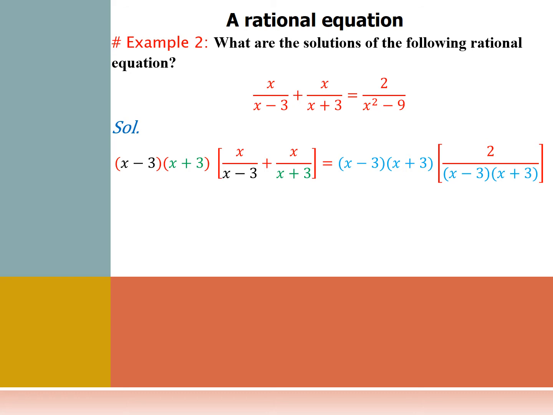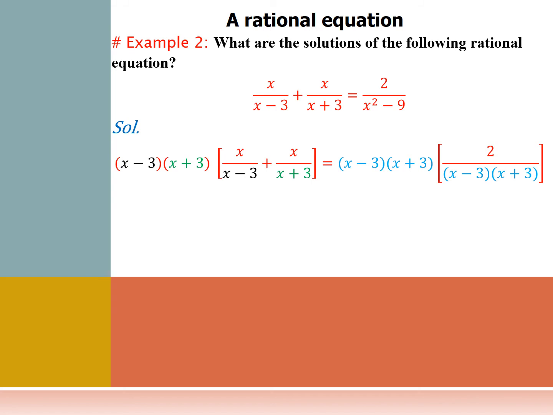Now we have to get rid of the denominators, so multiply the whole equation by x minus 3 times x plus 3 to get rid of the denominators.